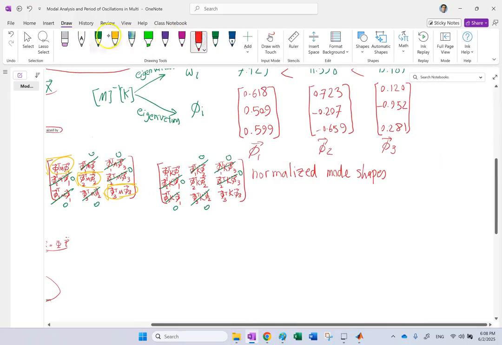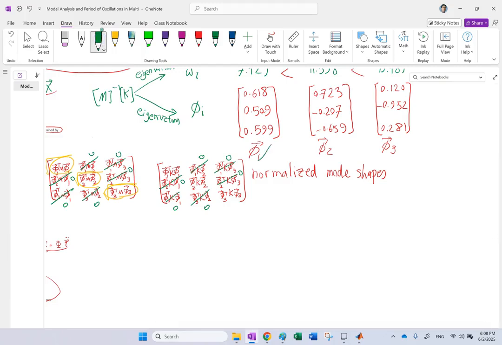So here, divide this by the square root of phi 1 transpose times m times phi 1, this one by the square root of phi 2 transpose m phi 2, and this one by the square root of phi 3 transpose m phi 3.